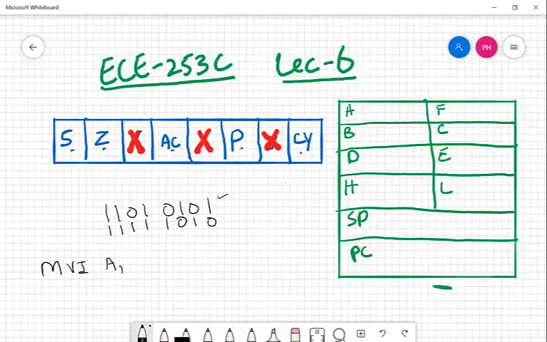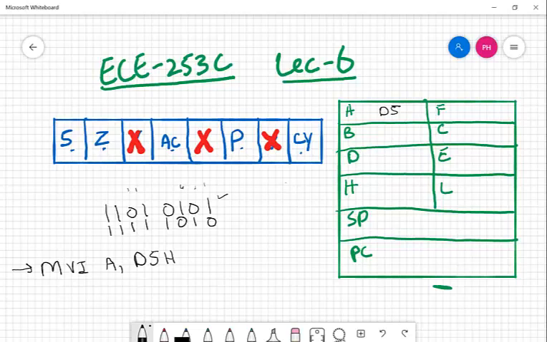It will be D5H. So when this instruction is executed by the processor, the D5 value will be stored in the accumulator. I will get a D5 here.